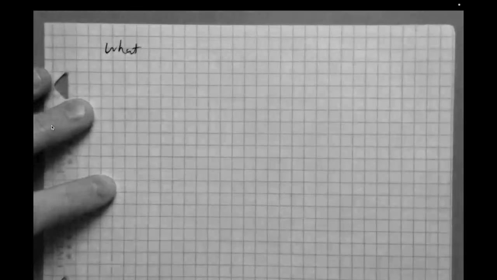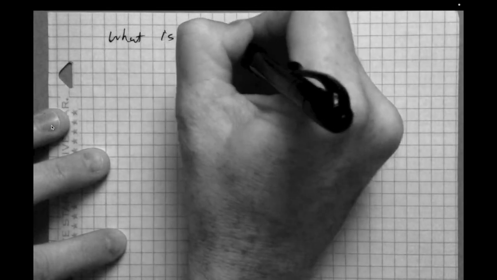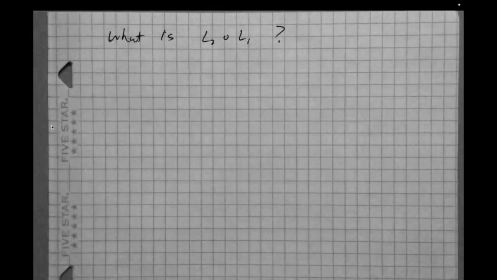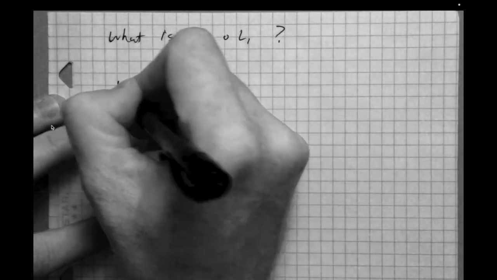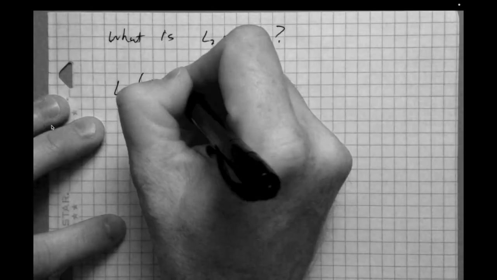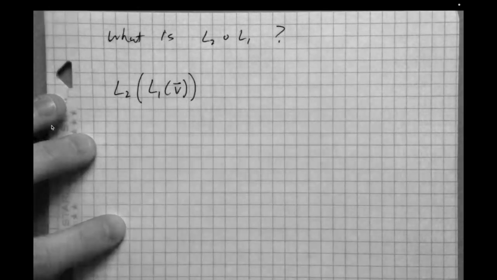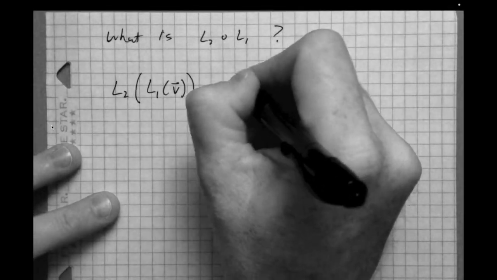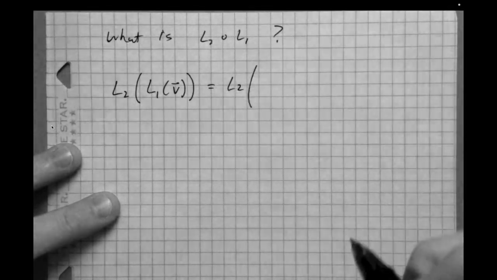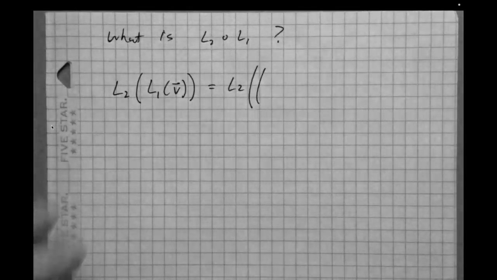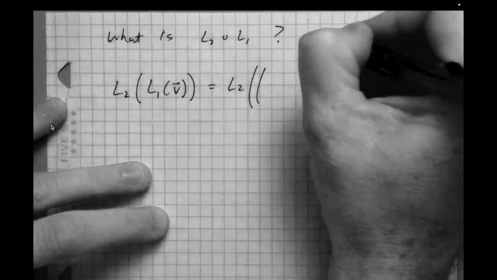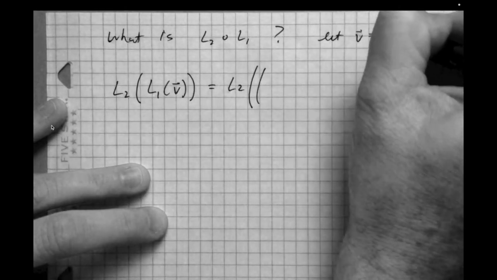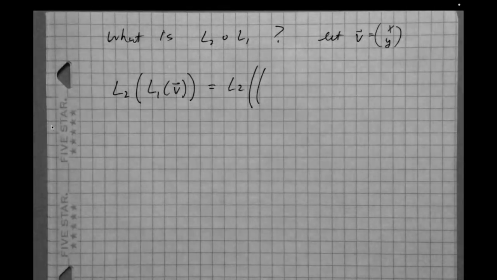So what is L2 composed of L1? Well, it looks like this, doesn't it? L2 composed of L1 of a vector v, right? So that's going to be equal to L2 of the vector, let's say v is equal to xy. Okay, so we need to label this.